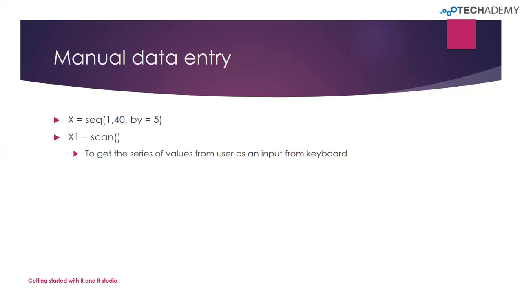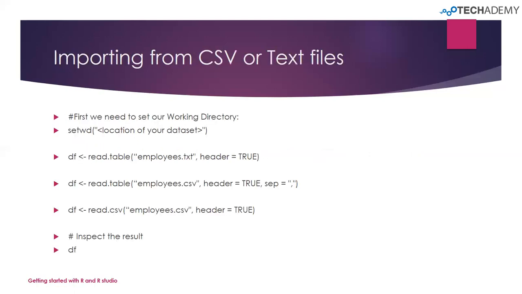Another function that I can use is scan. Scan takes a series of inputs from the user, and if the user wants to stop giving input, they press enter two times. When I give you an example of the scan function, you will better understand it.